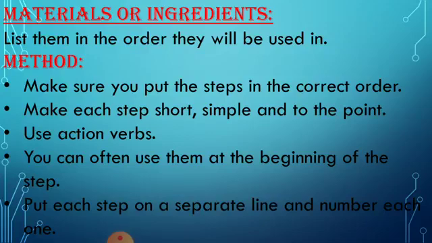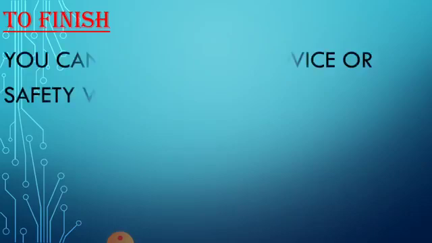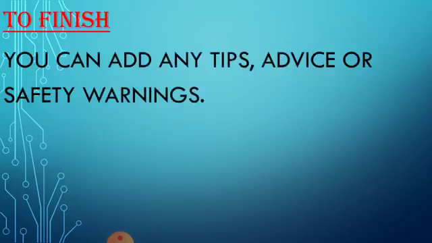For each step you give a number, and on a new line you start the next step. Then last, to finish, you can add any tips, advice or safety warnings that you want to give.